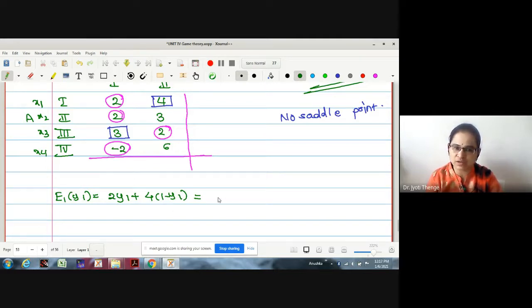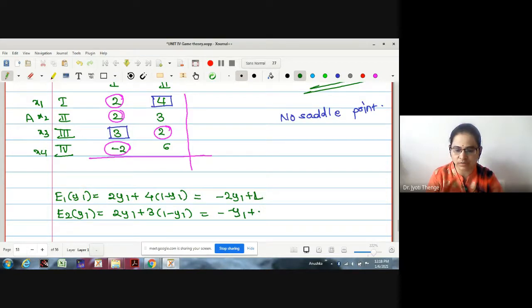Therefore, 2 minus 4, this is minus 2y1 plus 4. Second: 2y1 plus 3 into 1 minus y1. 2 minus 3 is minus y1 plus 3.